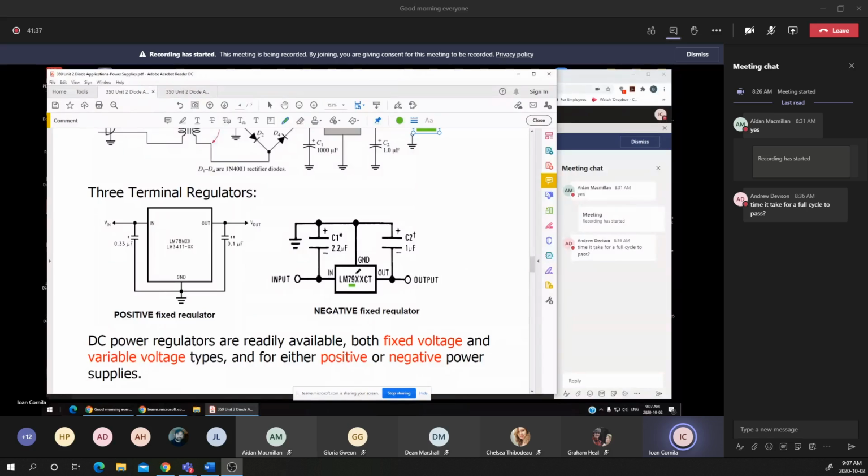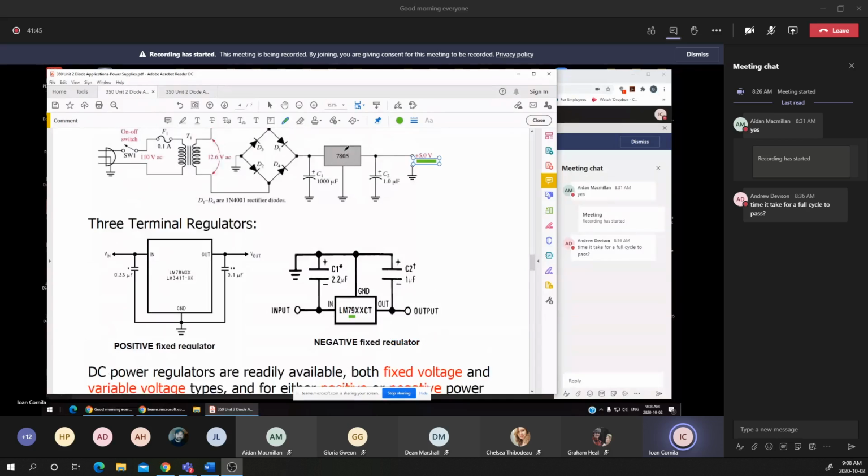That second digit 9 shows that the output will be a negative voltage. The 7, 8, with 8 as the second digit, means that the output voltage is a positive voltage.